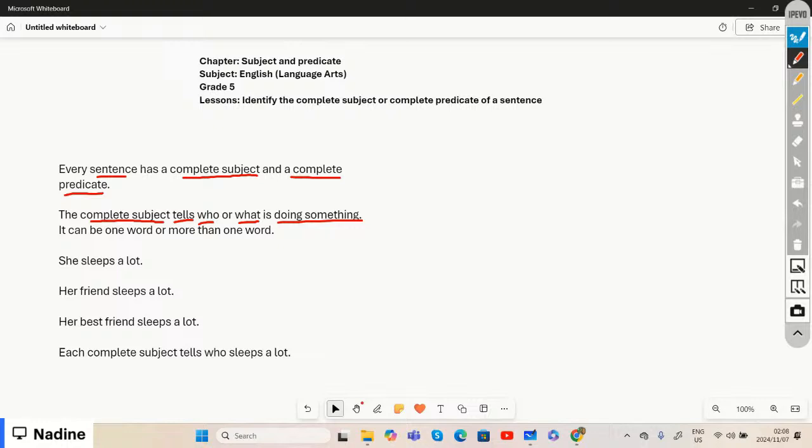And with the subject, a complete subject within a sentence can either be one word or more than one word.